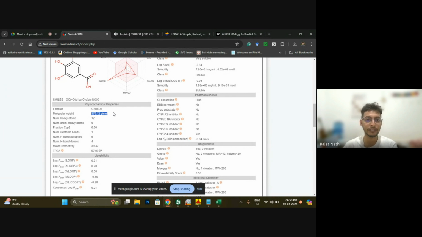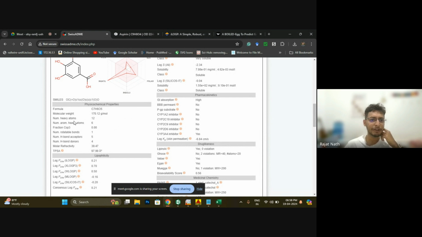Because I have already told in yesterday's class that in the Lipinski rule of 5, molecular weight should be less than or equal to 500. So molecular weight is a very important parameter for a drug candidate or drug-like compound. Here in physicochemical properties, this molecular weight is written.